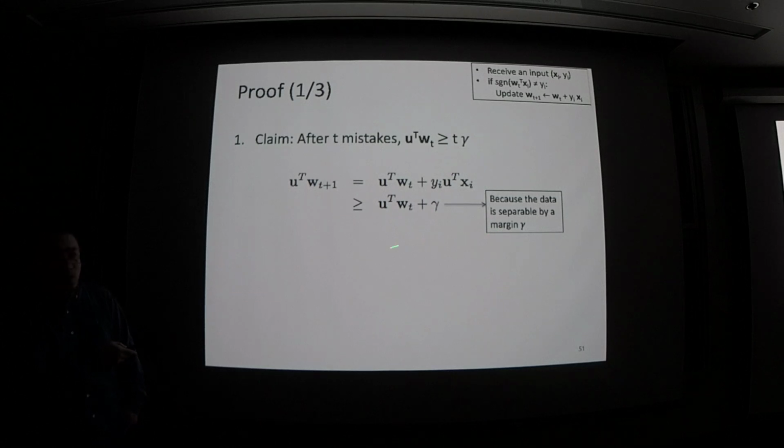So we have u transpose wt plus 1 is no less than t plus 1 gamma. That means if I assume this inequality holds at stage t, then at stage t plus 1 it holds as well. We finished the first proof step, the generalization step in the induction.